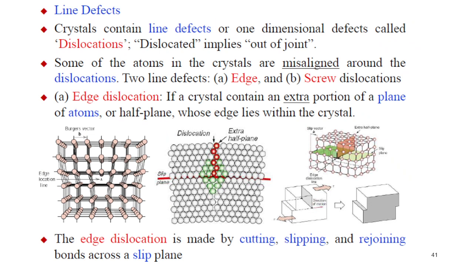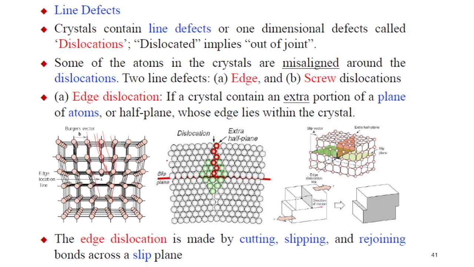Then we have line defects. Definitely I believe there will be one question from this. Line defects are usually one dimensional defects. Line means we know it's one dimensional. So when we apply some sort of a tensile force, or when we add a plane of molecules somewhere in the middle like this, that will cause some dislocation in the surrounding atoms.